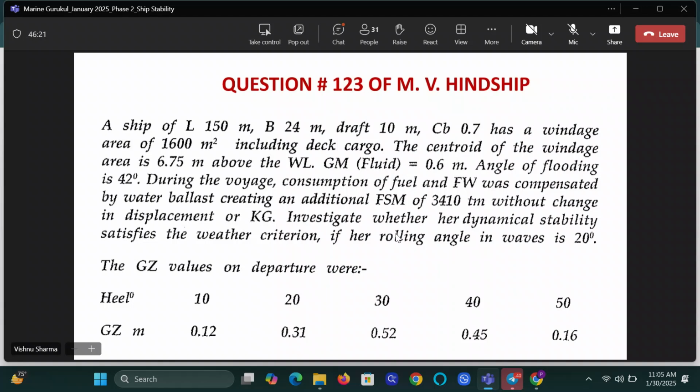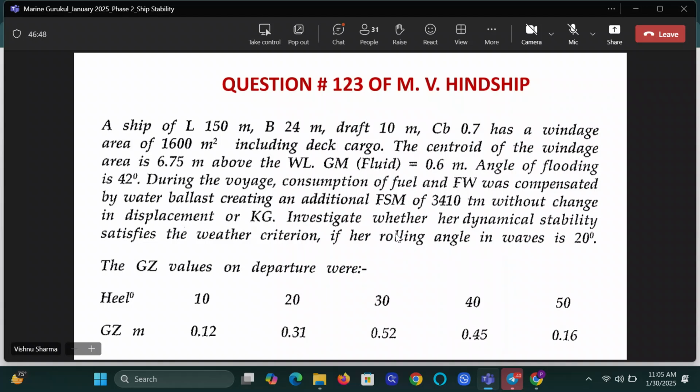Length, breadth, draft are given. Block coefficient is given. Windage area is given, including the deck cargo. The centroid of the windage area is 6.75 meters above the water line. GM fluid is given. Angle of flooding is given. During the voyage, consumption of fuel and fresh water was compensated by water ballast. That means you have taken the water ballast, so you're not allowed the displacement to change.